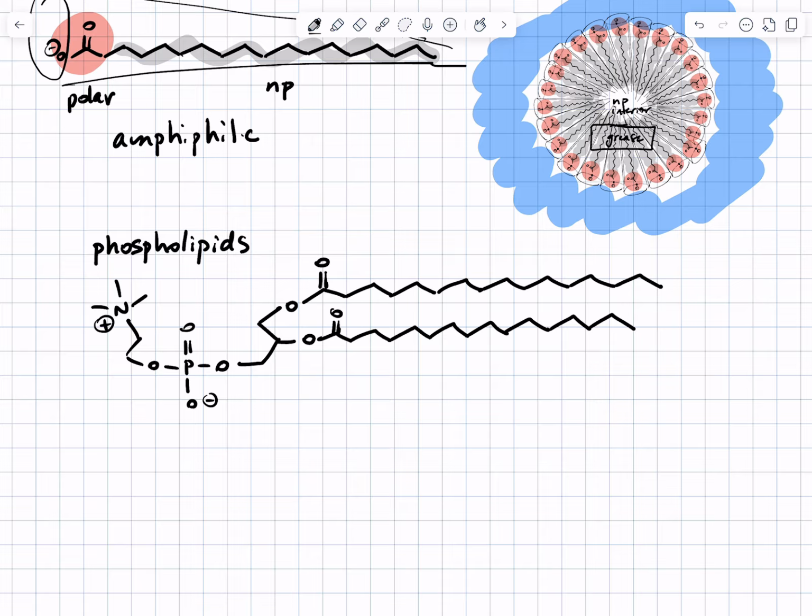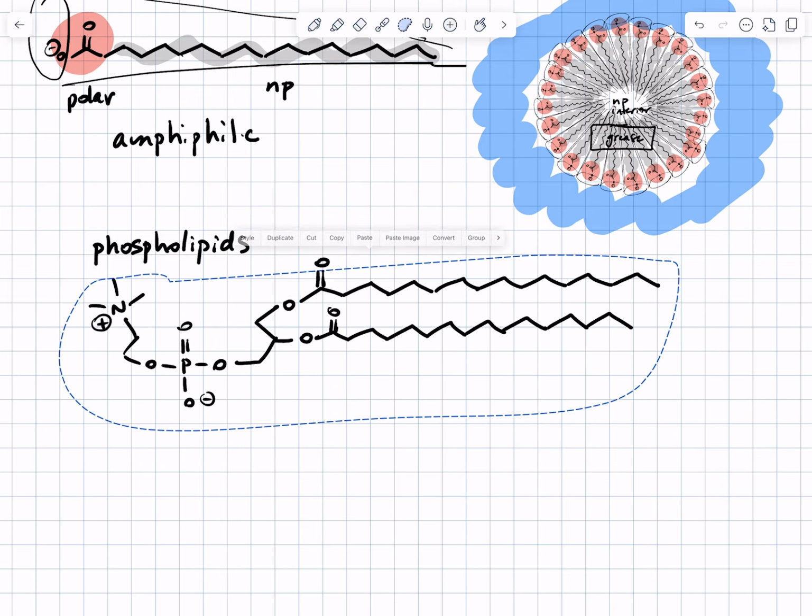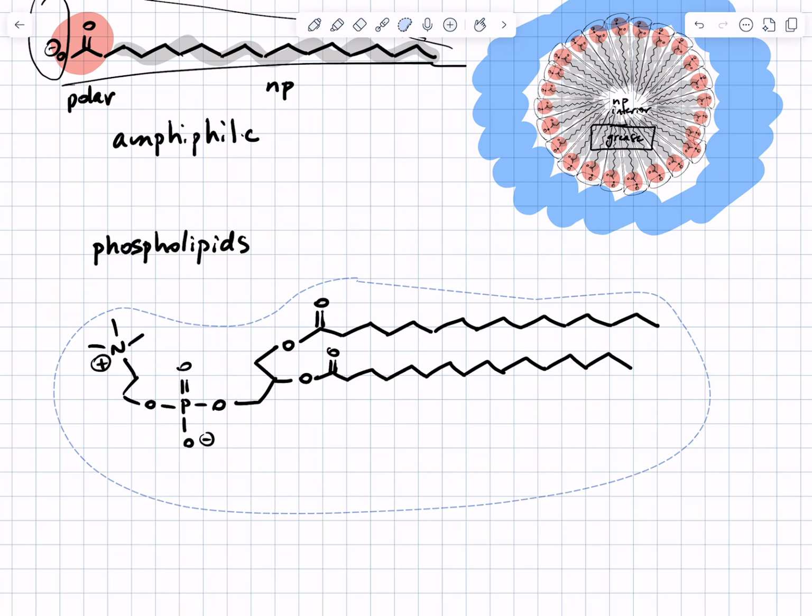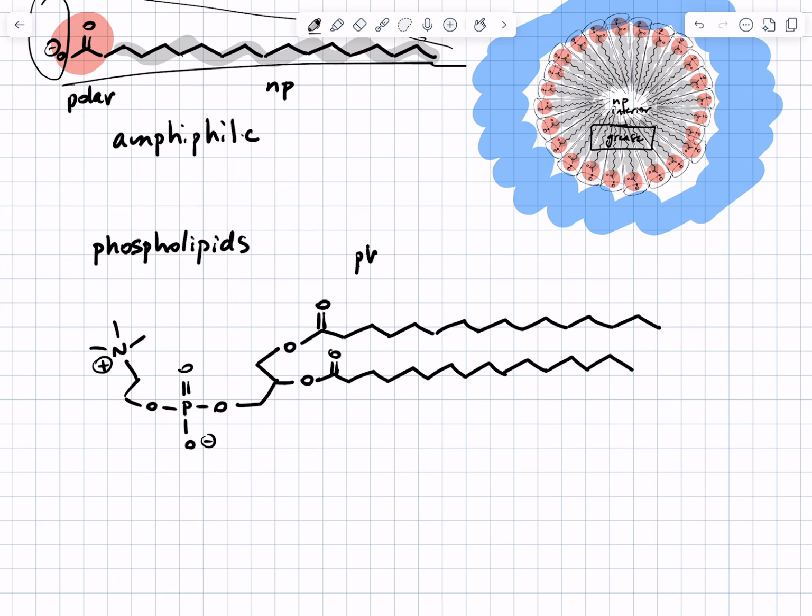This is an example of a phospholipid that happens to be called phosphatidylcholine, and you don't need to know that name, but you'll encounter it later on in biochemistry, so I'm just giving it to you here.